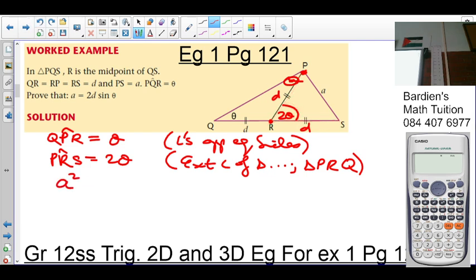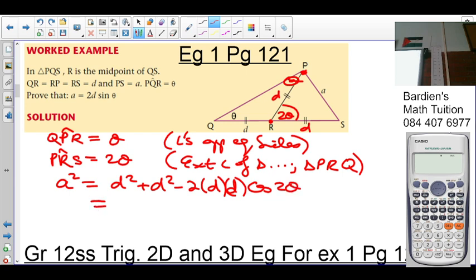The cos rule is going to be a squared is equal to d squared plus d squared minus 2d by d cos of 2 theta. So what is d squared plus d squared? 2d squared minus 2d squared cos of 2 theta.